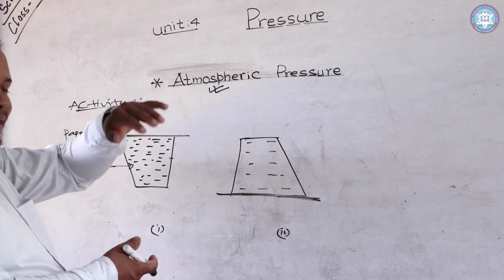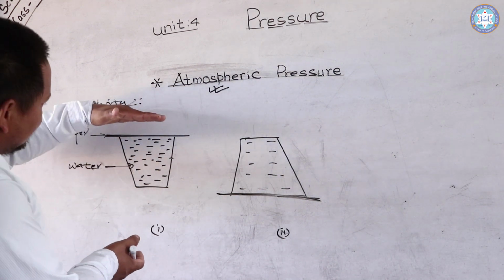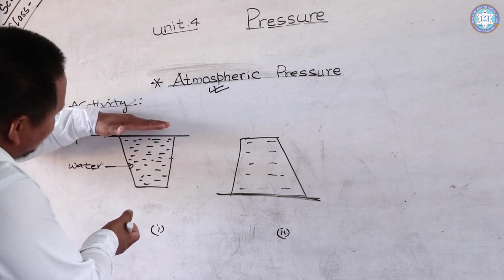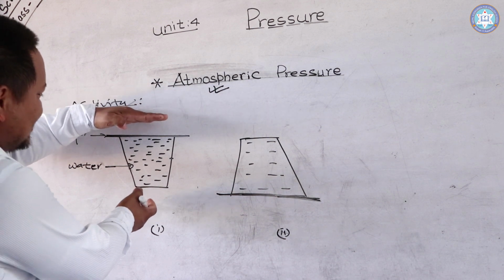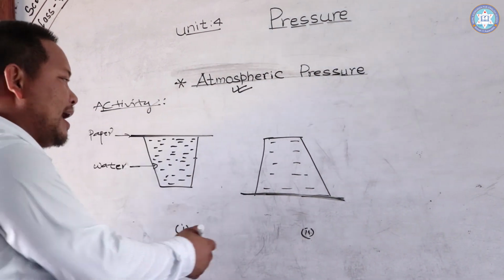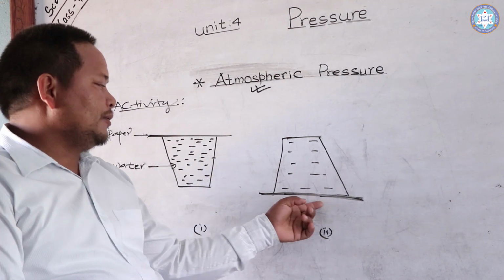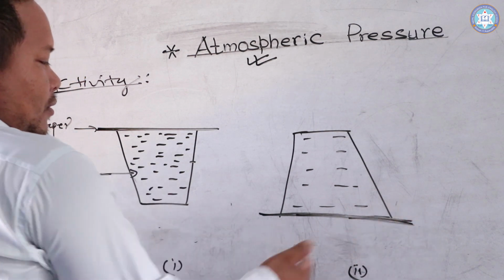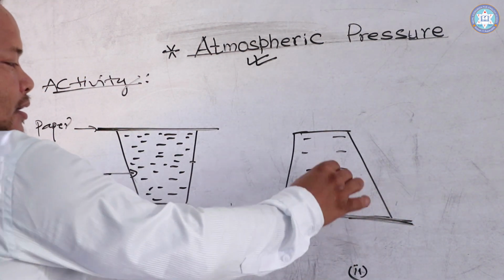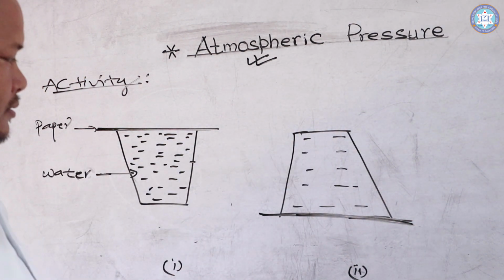When the hand is placed on the top of the glass and it is inverted like this, and when we remove the hand from this cardboard or paper, then the water does not fall.